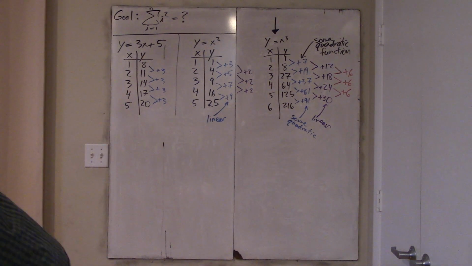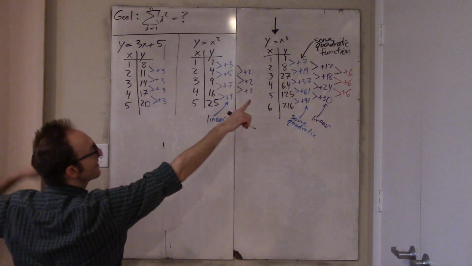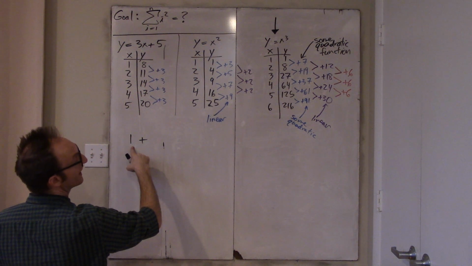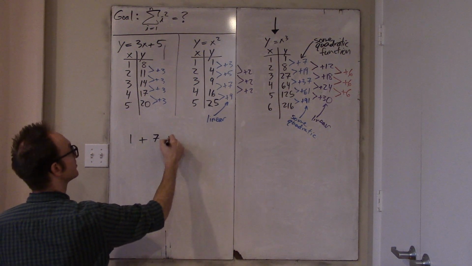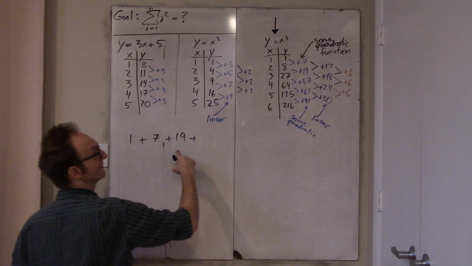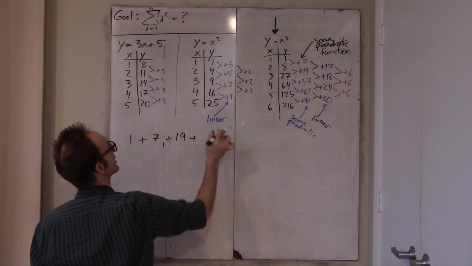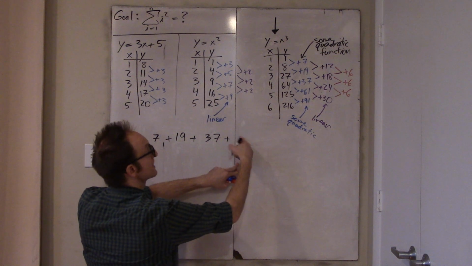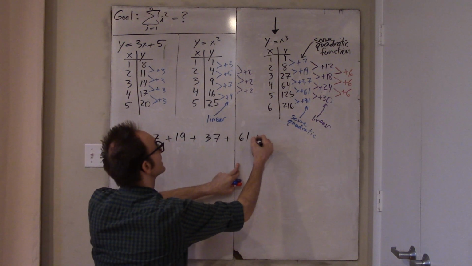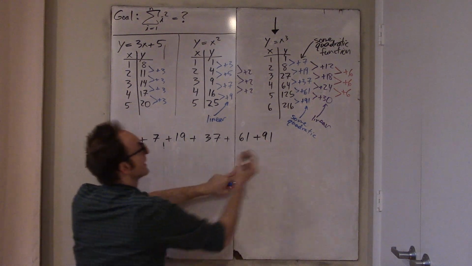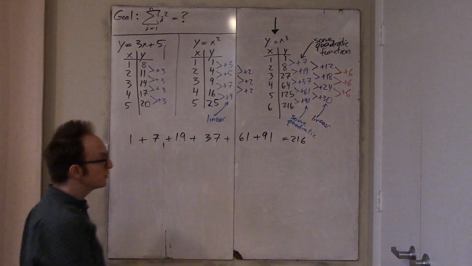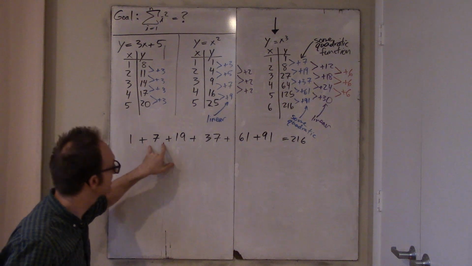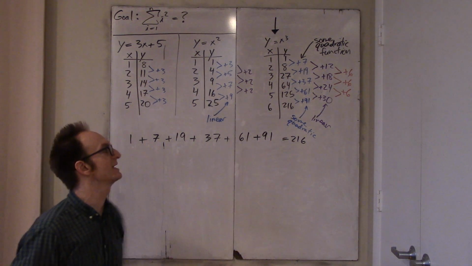In other words, here's the fact: 1 plus 7 gives me 8, plus 19 gives me 27, plus 37 gives me 64, plus 61 gives me 125, plus 91 would give me 216. 216 really can be thought of as 1 plus the sums of all the differences in the cubes.